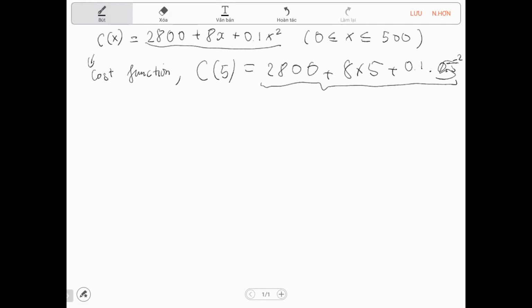Now the next important information is they sell the jerseys for $100 each, right? So when we sell x units, we will get 100 times x. So we can say the second function is the revenue function.